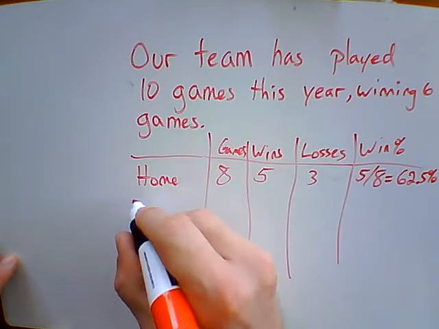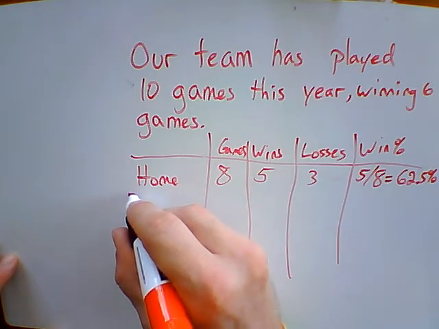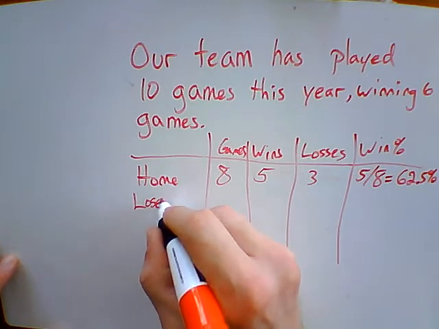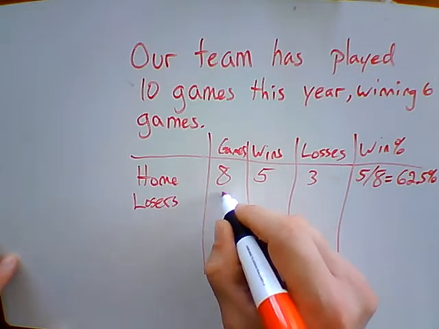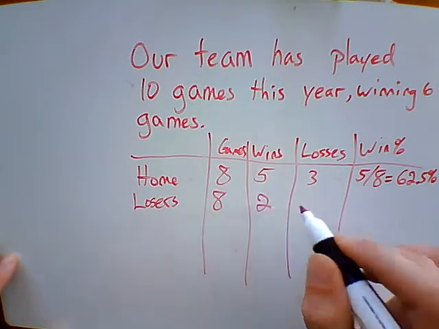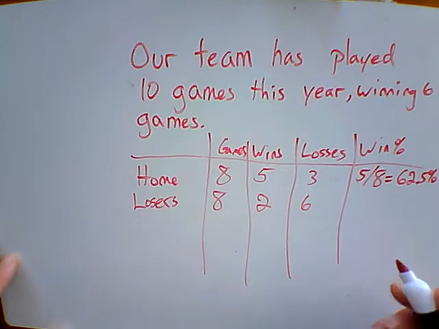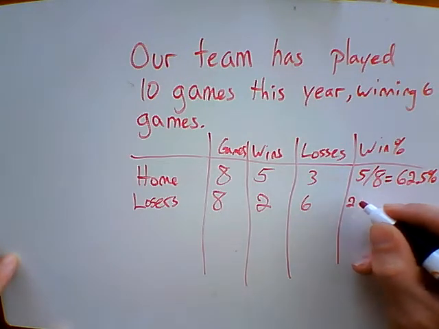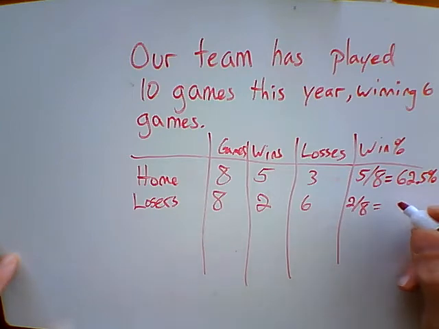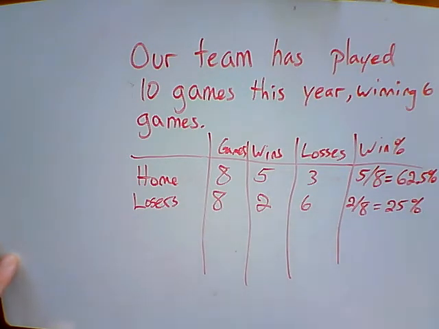Let's say we don't like the losers. They also played 8 games. They won 2, which means they lost 6. Their winning percentage is 2 out of 8, which means they have won 25%. I picked numbers that give me better math.